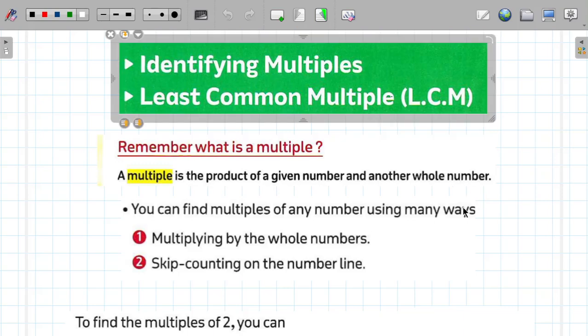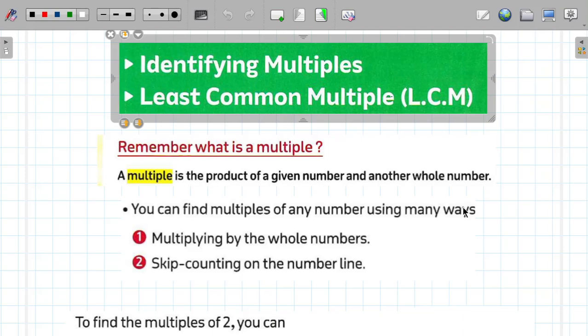Our first point in our lesson today is how to identify multiples. What is a multiple? A multiple is a product of a given number and another whole number. Again, a multiple is a product of a given number and another whole number.